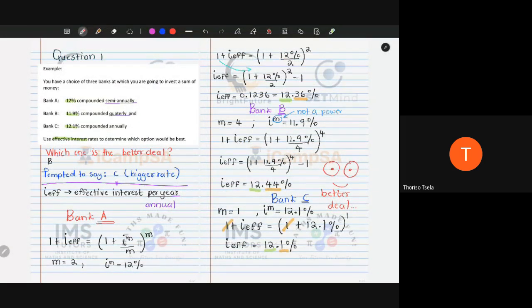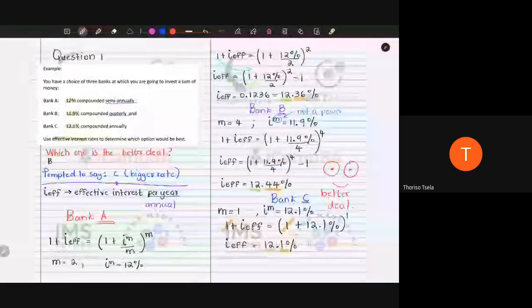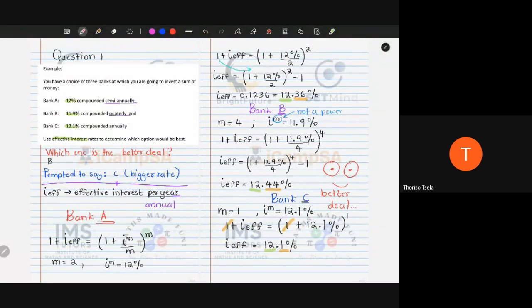So we're looking at, if this interest was compounded per year, how much would we get? Not quarterly, not semi-annually. So essentially we are taking the different compounding periods to get the effective. The effective is interest that is compounded per year.